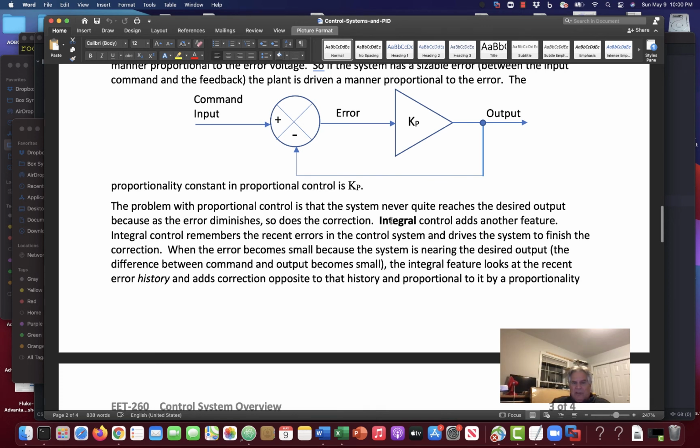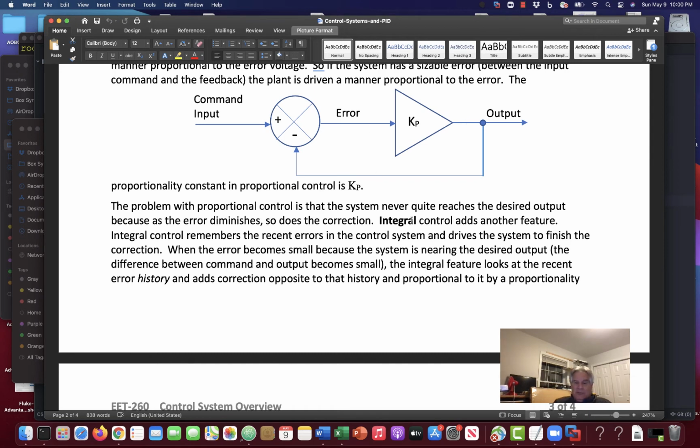So along comes the integral factor, and it adds another feature. Integral control remembers the recent errors in the control system. So if you look at the proportional control, when it's done a lot of its work, the error gets small, and the proportional factor here has a tough time driving the system to finish out.